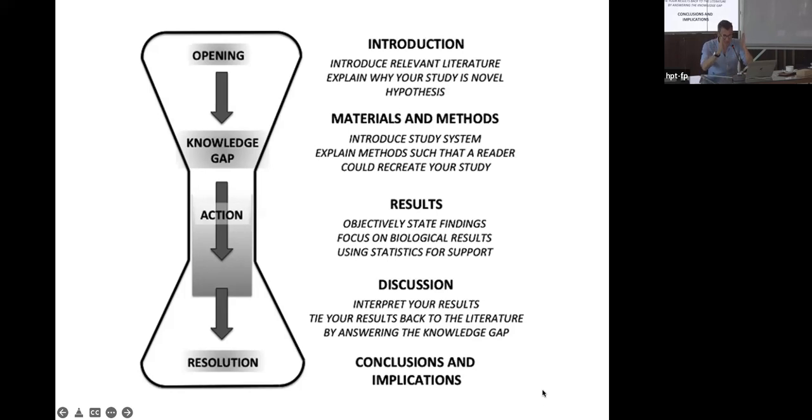Then the material and methods and results are very brief. They have to be detailed, but brief, so really to the point. And then you open the scope again in your discussion. So this is a general representation of how a paper should be.